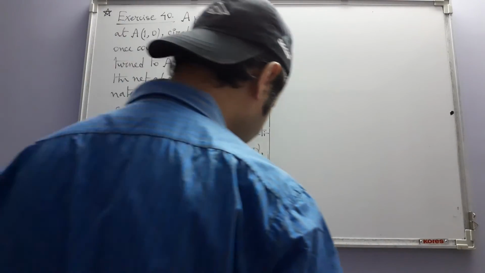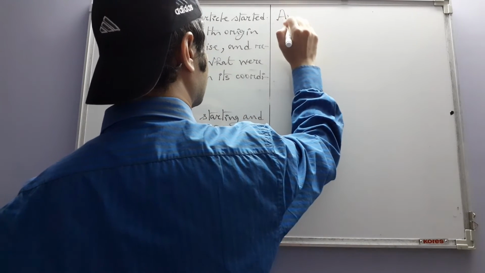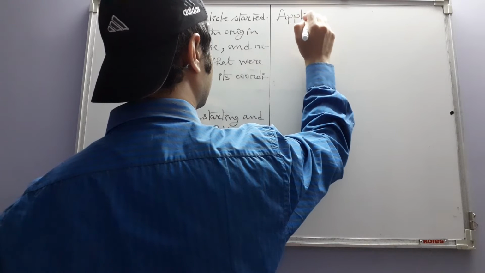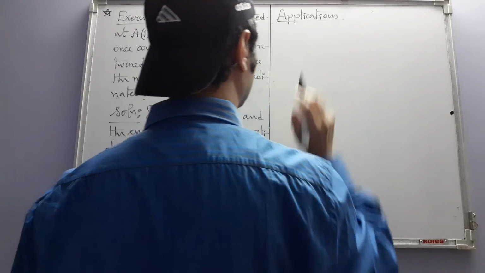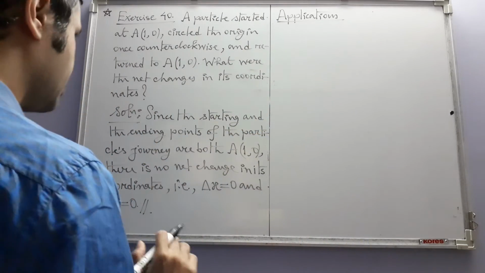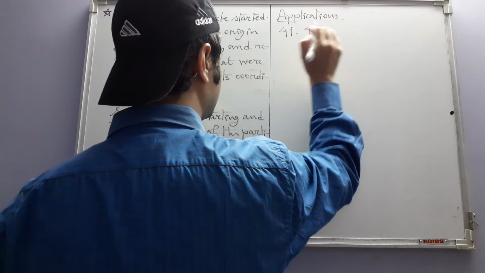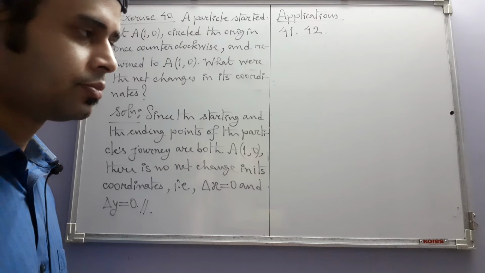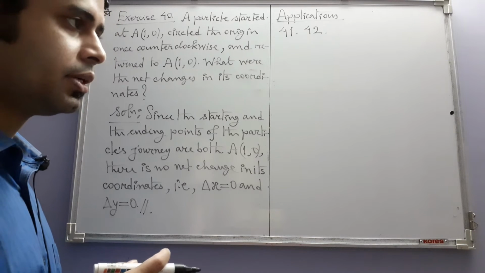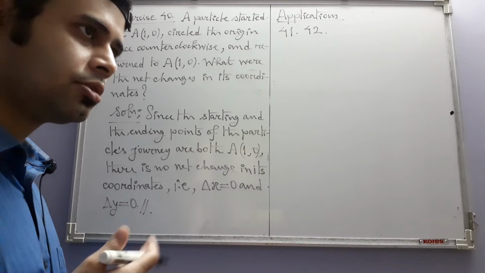Now after this we come to some applications of these ideas. And in applications there are exercises 41 and 42 which are about insulating a house from cold weather in cold countries where the climate is usually cold.